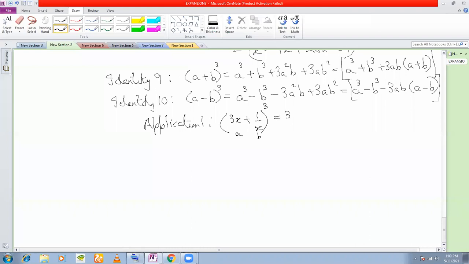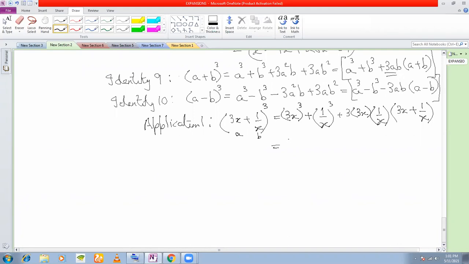So you have a cube plus b cube, writing by the second form, plus 3ab into (a plus b). Here a is 3x, b is 1 by x. Okay, so now you can expand and simplify this.